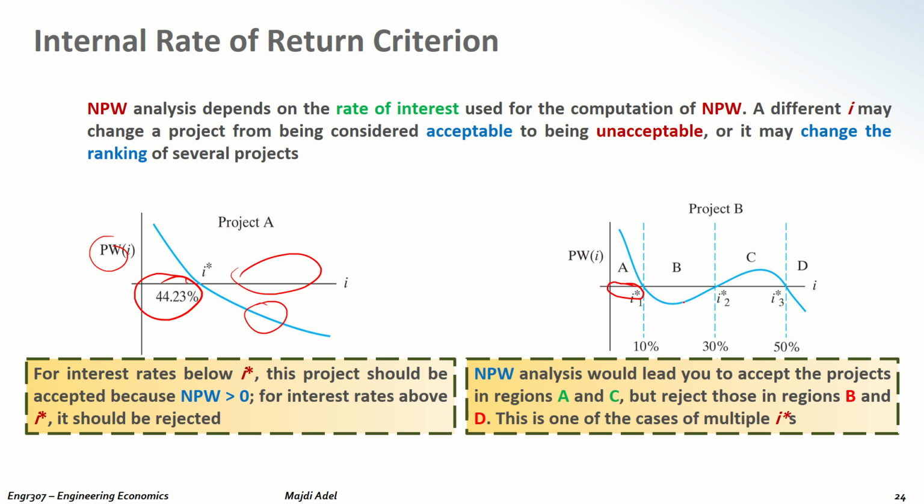For any rate of return between 10% and 30%, the present worth is negative, the project is rejected. And the third region C, between 30 and 50%, the present worth is positive, the project is accepted. And the fourth region D is when the rate of return is greater than 50%, the present worth is negative and the project is rejected.